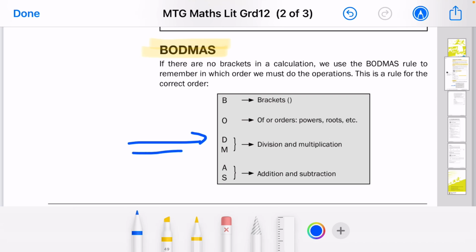And again, you look for multiplication, and then from there you look for addition, and then you look for subtraction. One thing for sure, you're going to have a better understanding of how BODMAS works as we solve some problems.